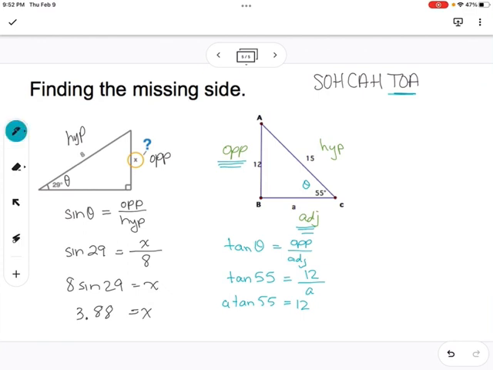We'll have A equals 12 divided by tan 55. Putting that in my calculator, I'm putting 12 divided by, I have to put my angle first, so I'm going to put 55, and then I'll press tan, and then I'll press equals. So I get an answer of 8.4. Okay, so that is the length of side A.